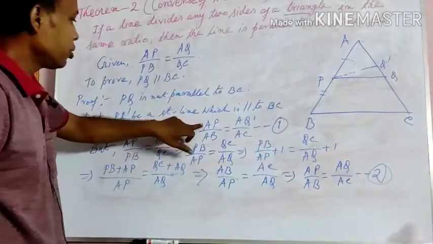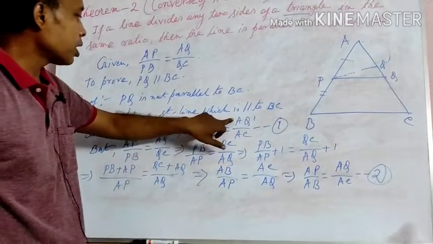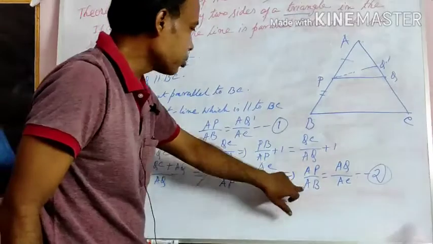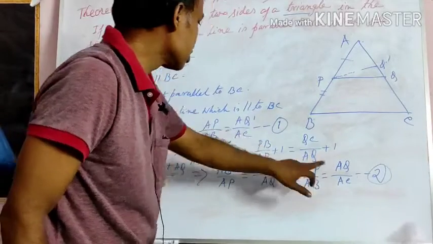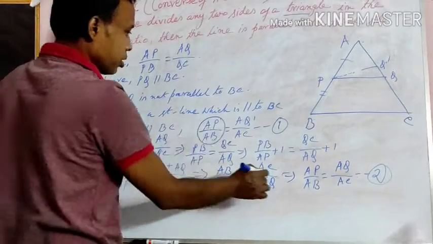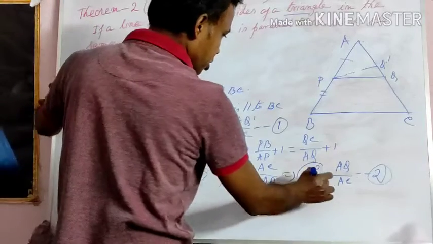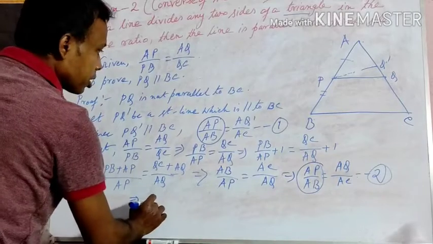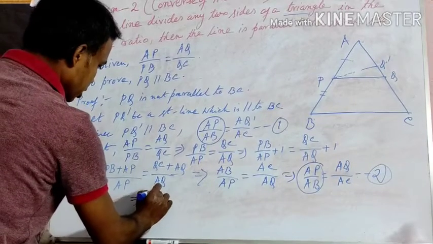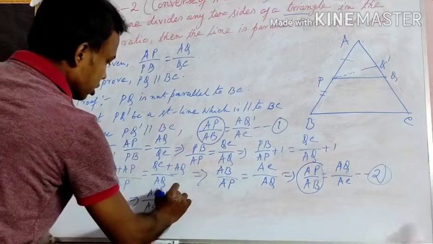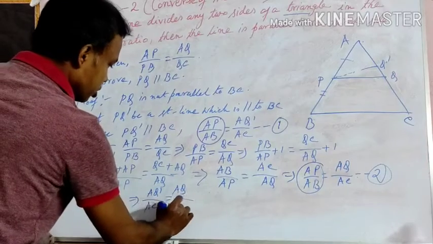So AP by AB is equal to AQ dash by AC, here also AP by AB is equal to AQ by AC. Therefore the left hand side is equal, here left hand side AP by AB, here left hand side AP by AB, then the right hand side must be equal, or we can write AQ dash by AC is equal to AQ by AC.